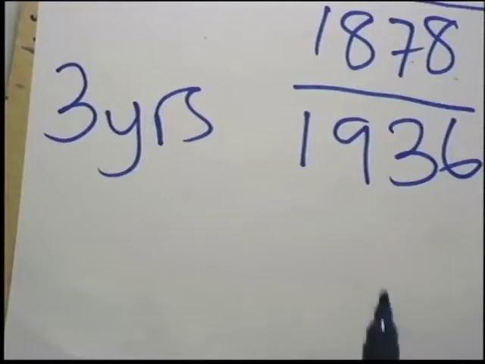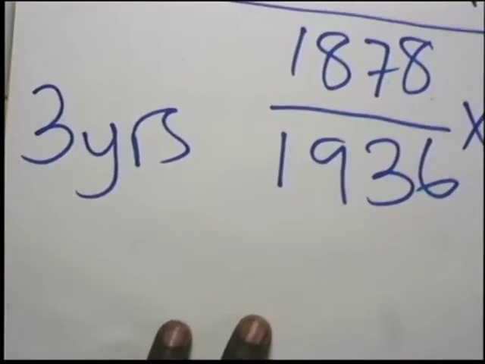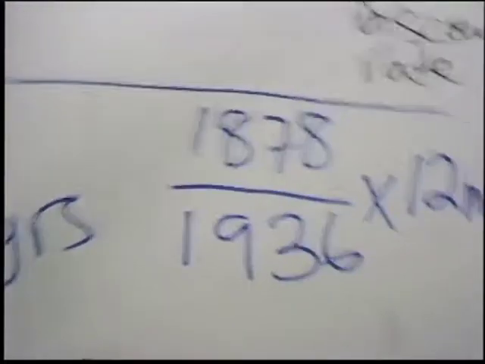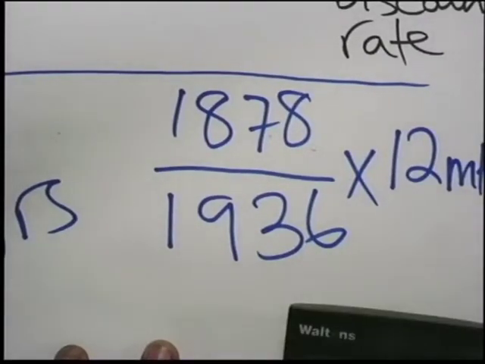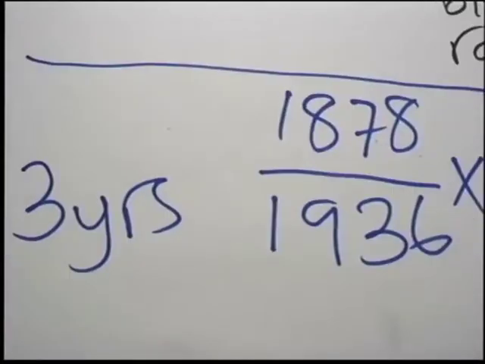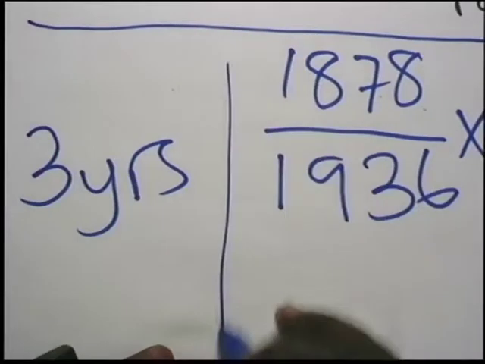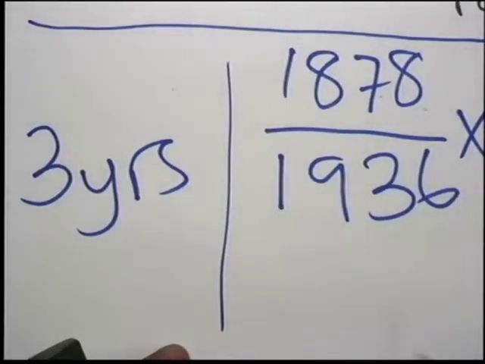Now, let me do some simple calculation here with you. Remember, we are there. So we are going to simply say 1878. We divide that by 1936. Right. We get a number. This part alone, leave the 3 on the side for the time being.